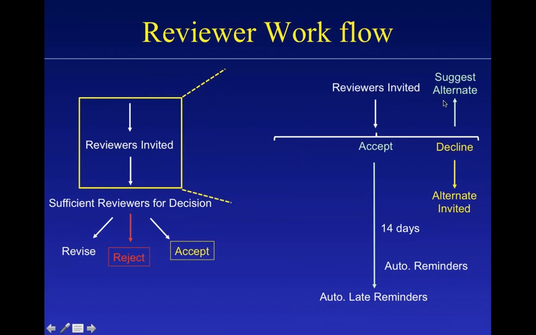However, the reviewer can also suggest an alternate at the time that they decline, and that's very much appreciated because often we need suggestions of alternates, and sometimes the alternates that are suggested are actually better than what we had thought of ourselves, and we may go ahead and invite them directly.